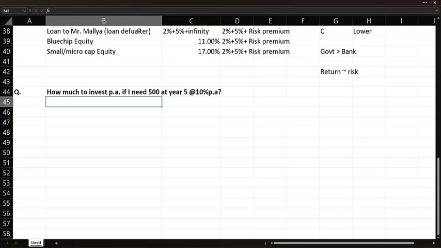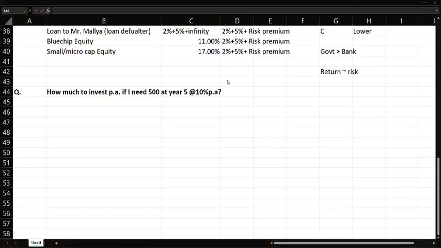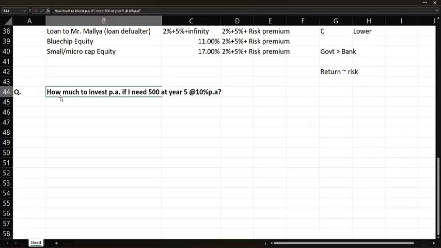Yes, everyone, I want each one of you to answer. This is not something that you can say you'll do later. The question is how much I need to invest per annum. That means every year. So you have to be very clear what you are looking for, what you are computing.